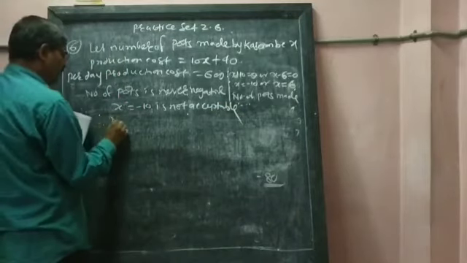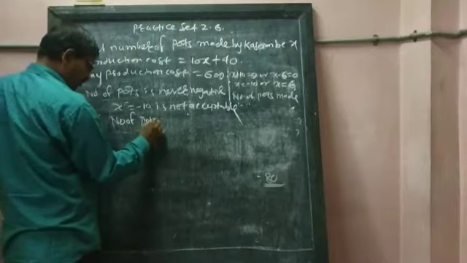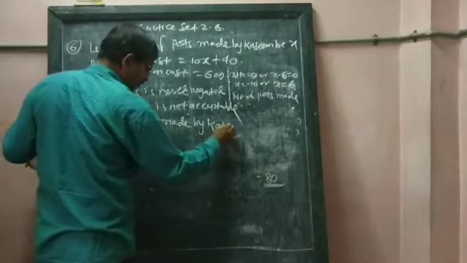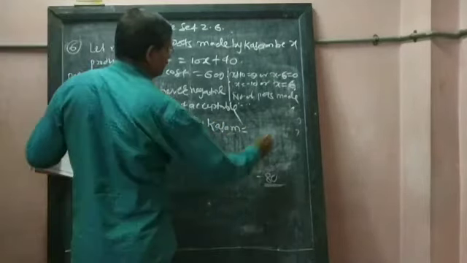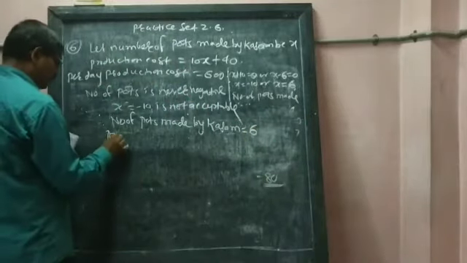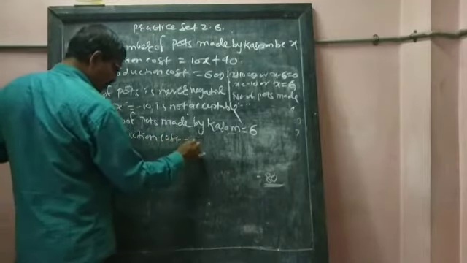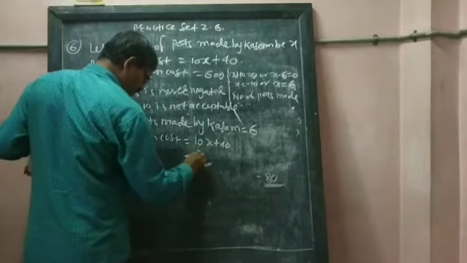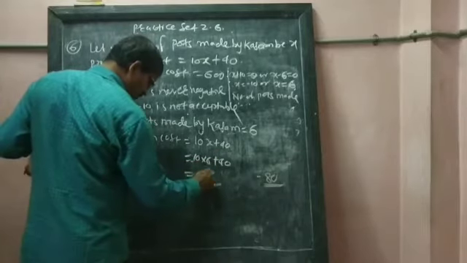Hence the number of pots made by Qasim is equal to 6, and production cost is equal to 10 times 10x and 40 more, means 10 into 6 plus 40. 10 6s are 60 plus 40.